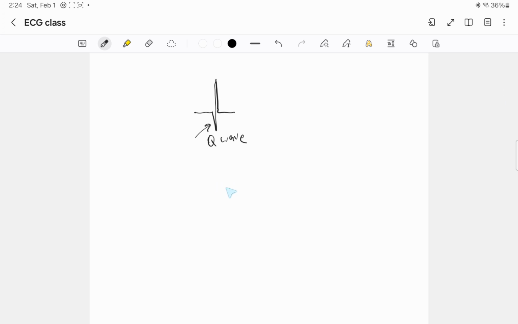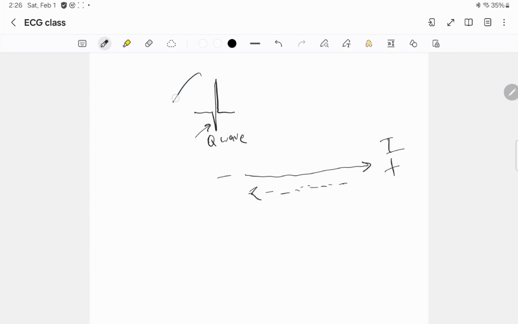Well, if you have a lead, for example, lead 1, a Q wave would be formed if the initial impulse is going away from the lead. Okay, so this impulse will give a negative deflection.